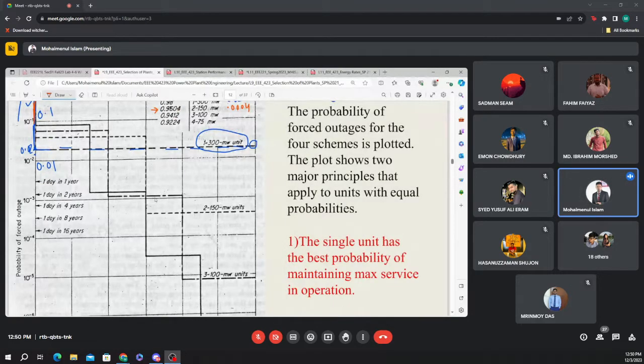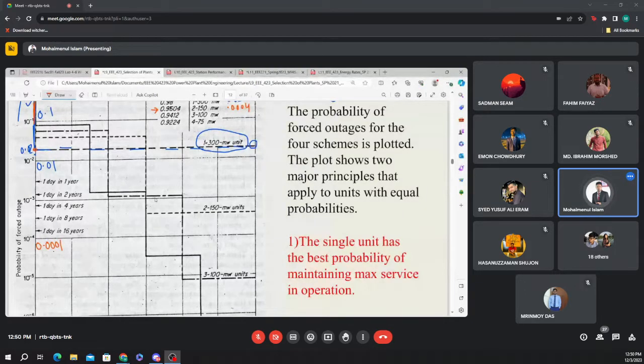See, this is 0.02, this point. So you need 0.0004. So 0.0004 should be 10 to the power minus 4. What is the value of 10 to the power minus 4? 0.0001.